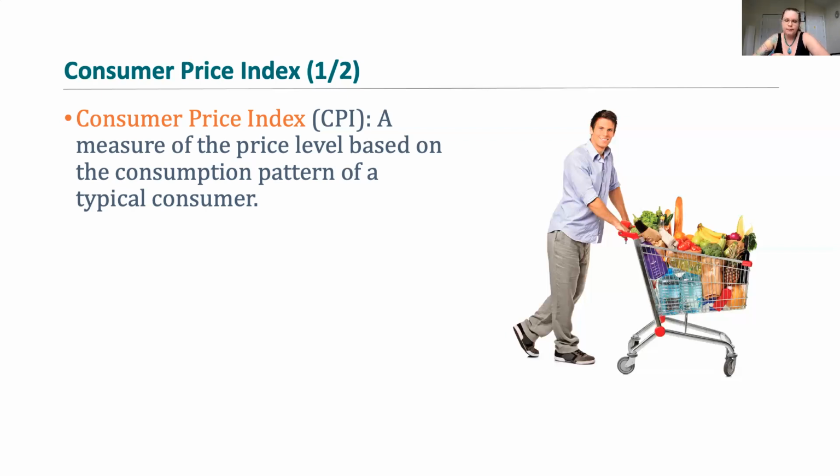So, for example, if the price of housing was to go up by 20%, that could have a really big impact on families. Whereas if the price of popcorn went up by 20%, the effect is not going to be nearly as bad. So we would use a weight to more heavily weight the housing price as being more important to the consumer than something like popcorn.